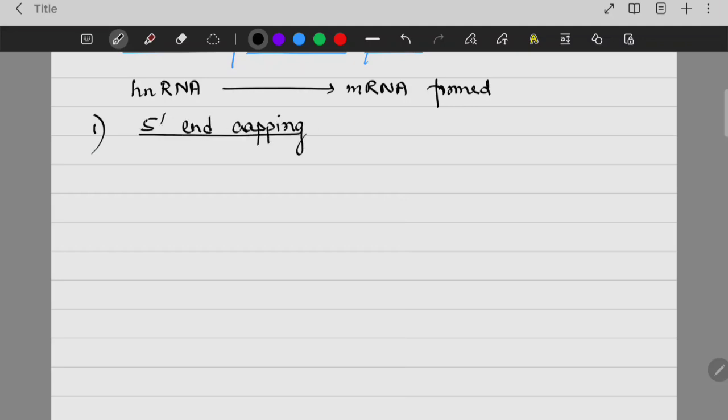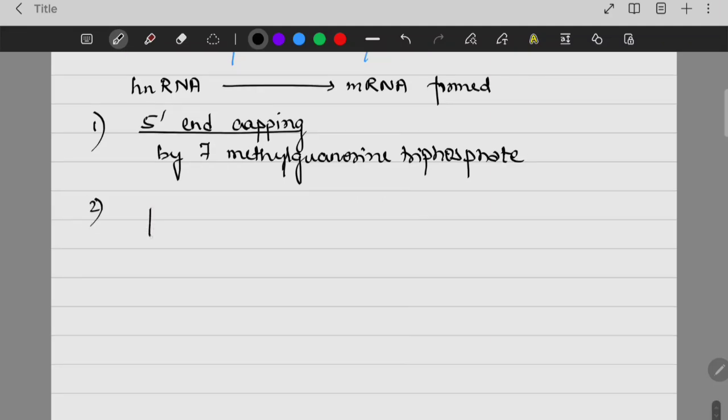This capping is done by the help of 7-methylguanosine triphosphate. This helps the mRNA by giving stability to the 5' end, and it helps in the transfer of the mRNA from nucleus to the cytoplasm, as I explained earlier also.